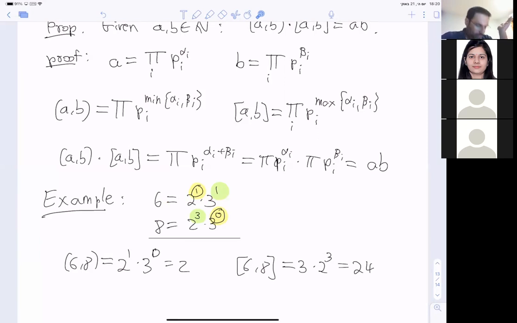So if you start with a very great number, you will not be able to decompose it into primes in a reasonable period of time, okay?